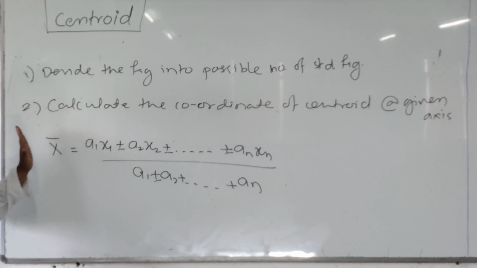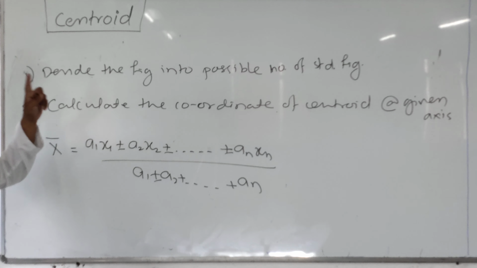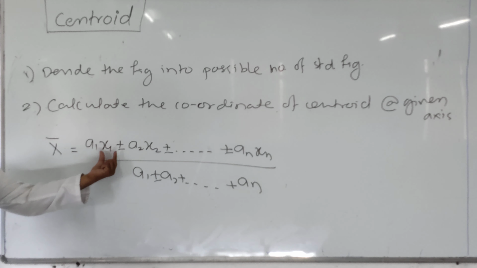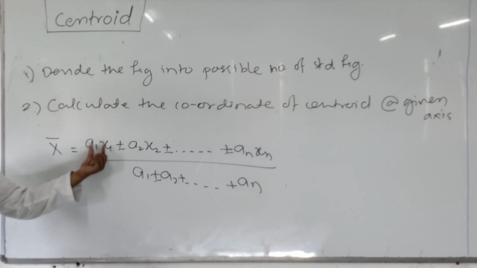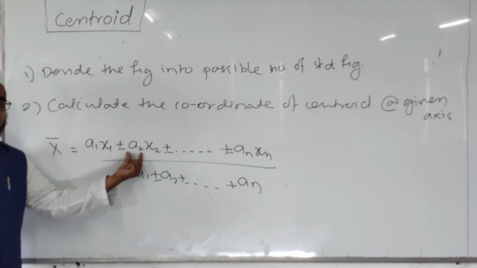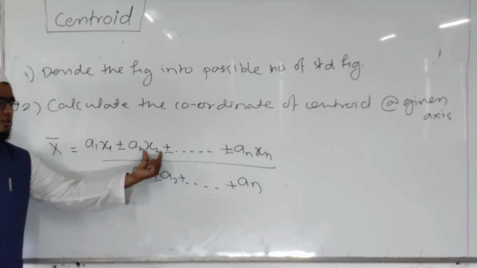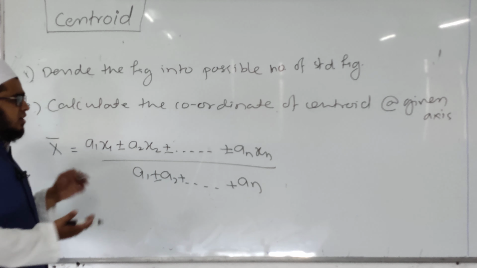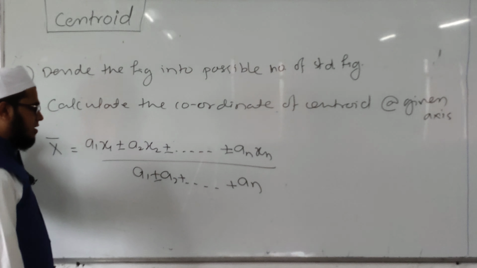This will give you the centroid of the irregular figure. A1 is the area of the first standard figure and x1 is the coordinate of the centroid of the first standard figure. Similarly, A2 is the area of the second figure, and x2 is the x coordinate of the centroid of the second standard figure. If there are n number of figures, this formula will extend.